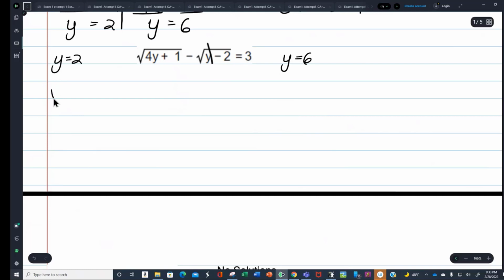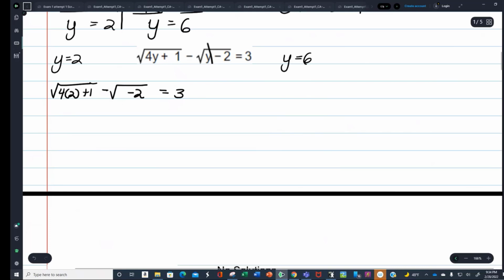So, the square root of 4 times 2 plus 1 minus the square root of 2 minus 2 equals 3. Uh-oh. It's a 2. Whew.